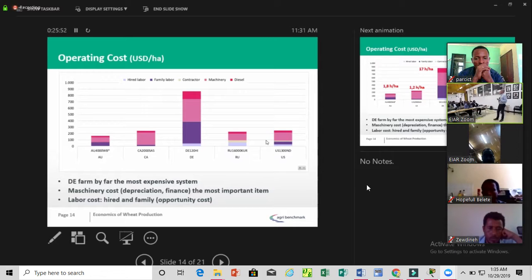Therefore we calculate what we call opportunity cost. That means if the farmer in this family would decide to quit farming, what could he or she earn outside? Be it in agriculture, or outside agriculture, maybe at a consultancy or at a cooperative selling inputs or whatever is the relevant alternative.